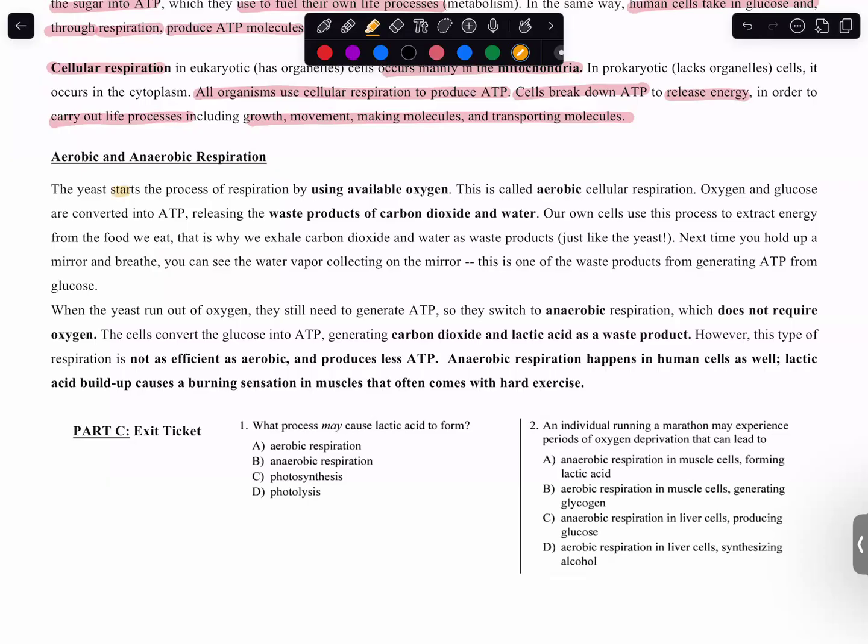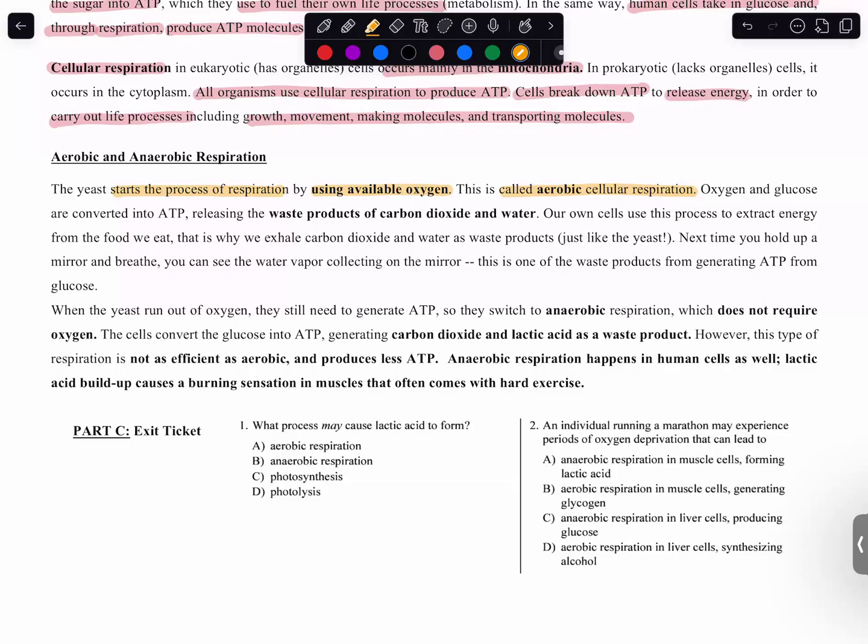The yeast starts the process of respiration by using available oxygen. This is called aerobic cellular respiration. If you look at the word aerobic, you can think of air, and if you think of air, you think of oxygen, right? Humans need air because we need the oxygen that air has in it. Same thing with the yeast. So anytime that oxygen is being used, this is going to be aerobic cellular respiration.